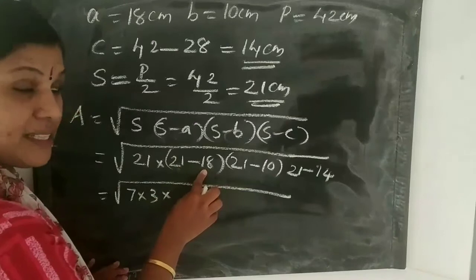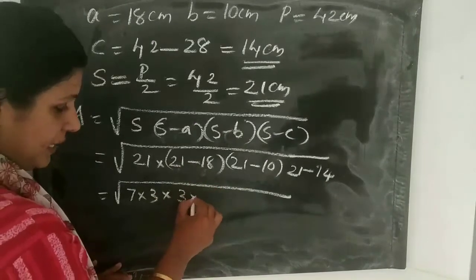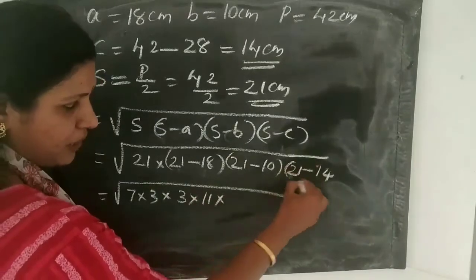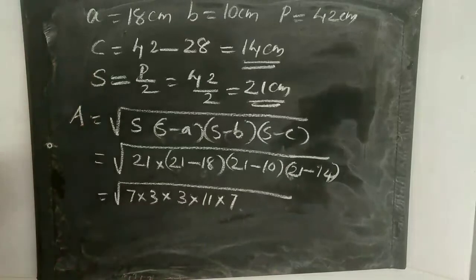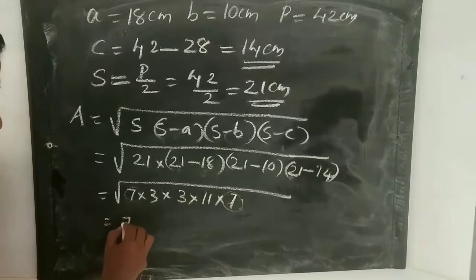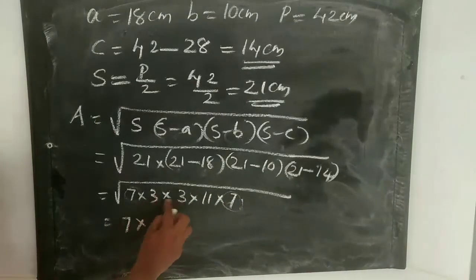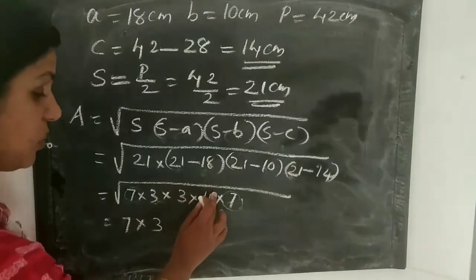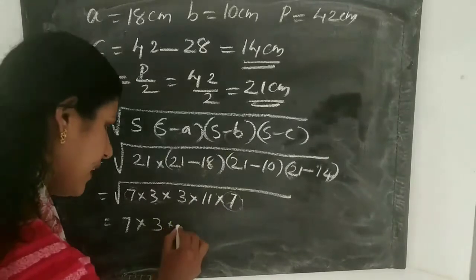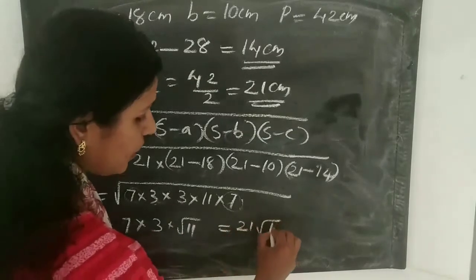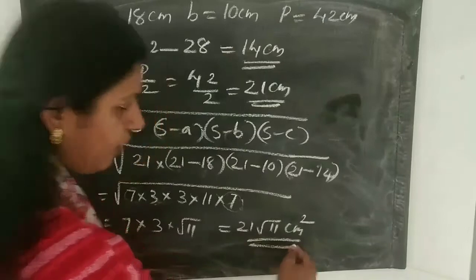Then 21 minus 18 is 3, 21 minus 10 is 11, and 21 minus 14 is 7. Now here the 7 pair is there, so we take one 7 outside, and here also 3 is a pair, so we take one 3 outside, and there is no pair for 11, so 11 stays in the root. The answer is 7 times 3, 21 root 11 centimeter square.